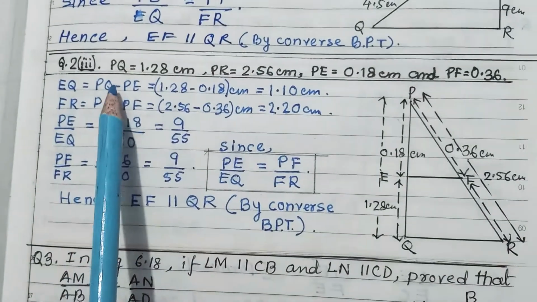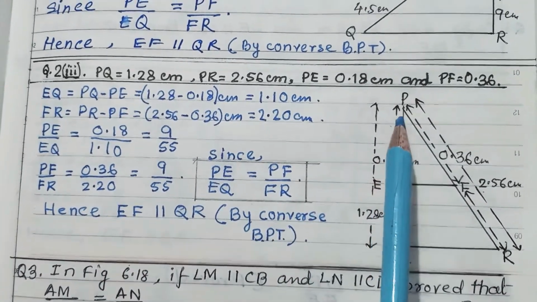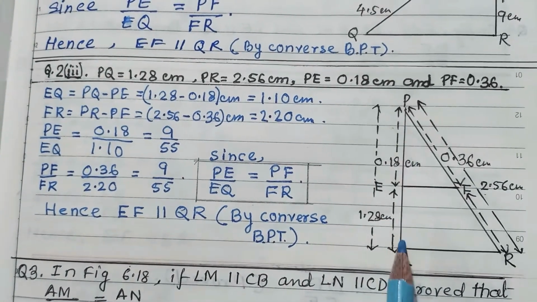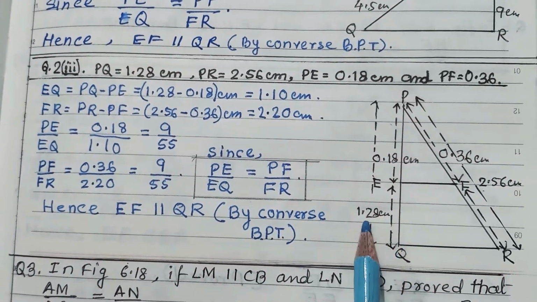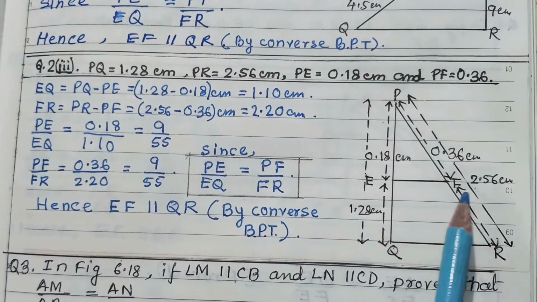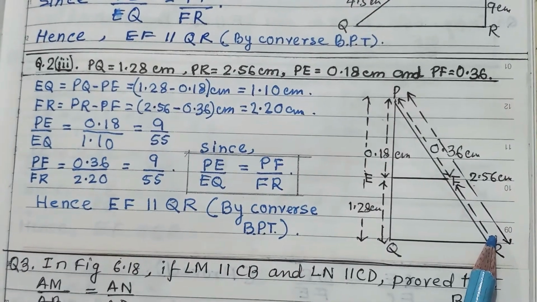Next question is PQ is equal to 1.28, PR is equal to 2.56, the full lengths.